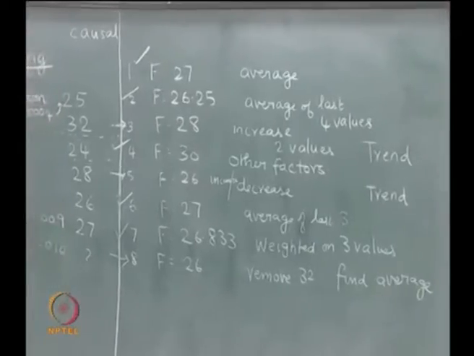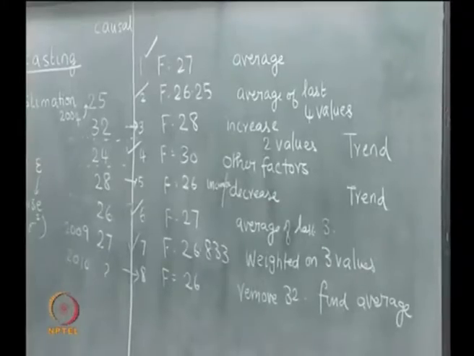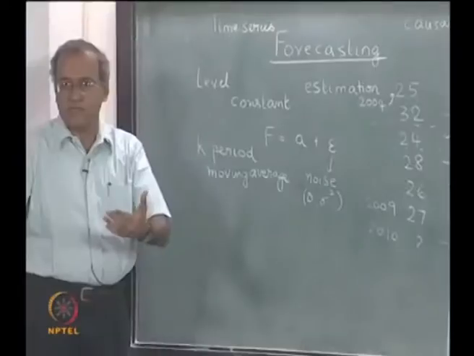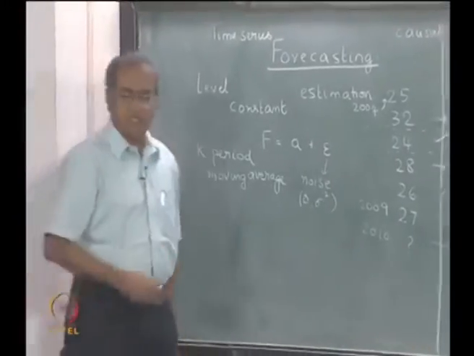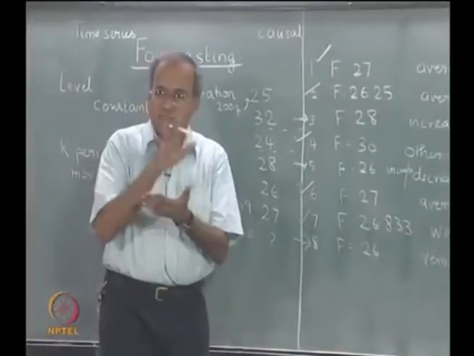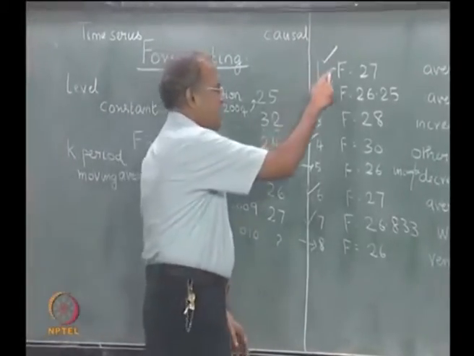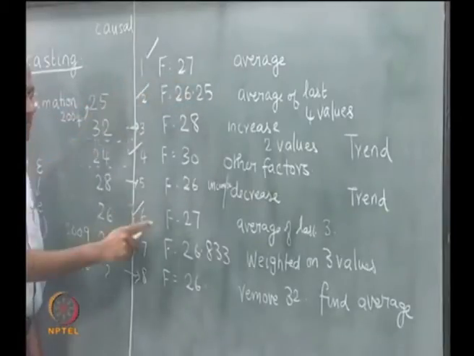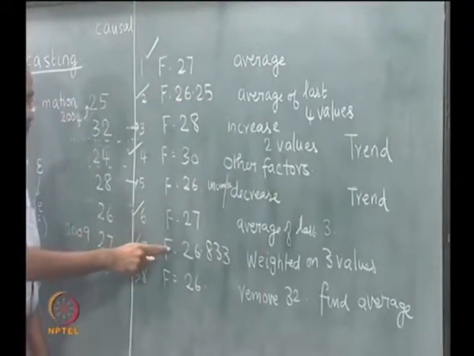So, once again time series models have different classifications. The first ones are called only level models or constant models, which for example was the assumption when somebody made this forecast, when somebody made this forecast, this forecast.